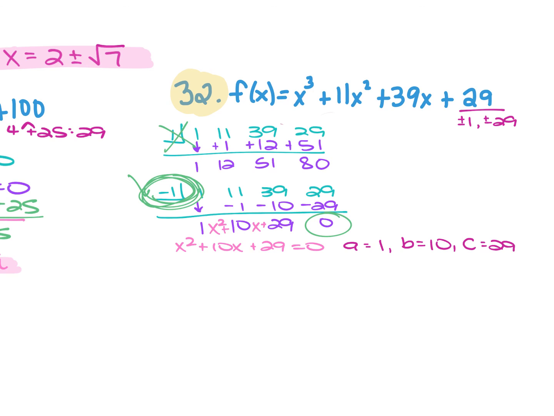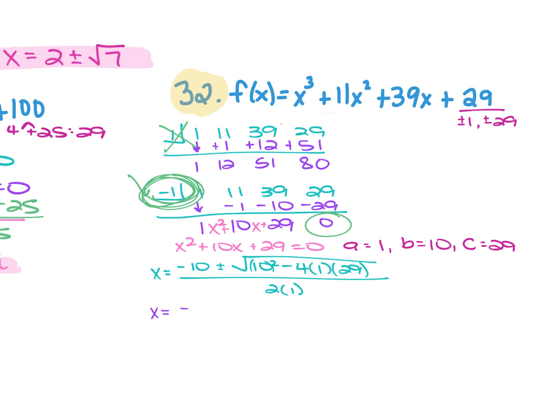So if we plug this all into our quadratic formula, we're going to have x is equal to the opposite of 10 plus or minus the square root of 10 squared minus 4 times 1 times 29 all over 2 times 1.